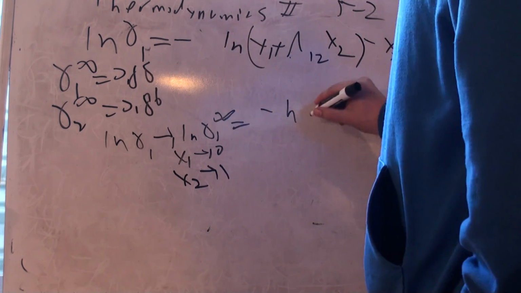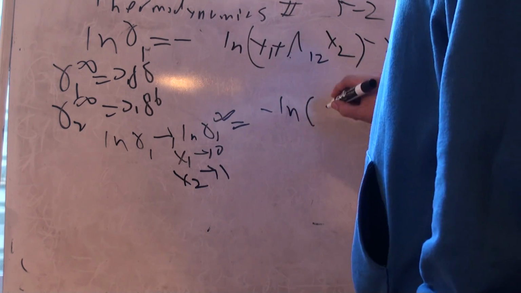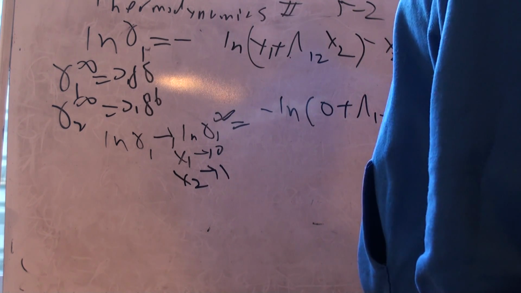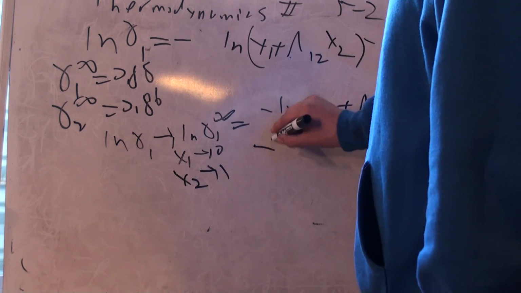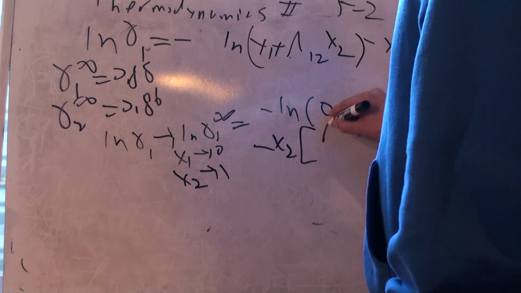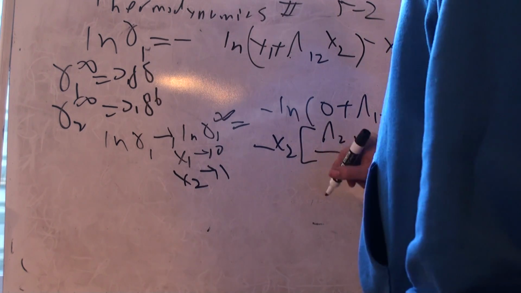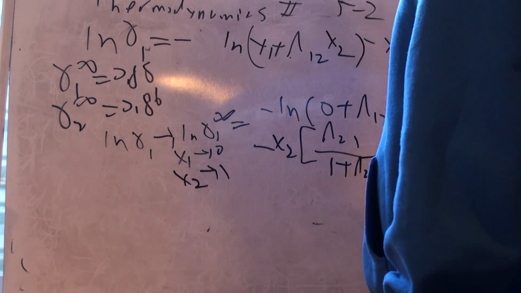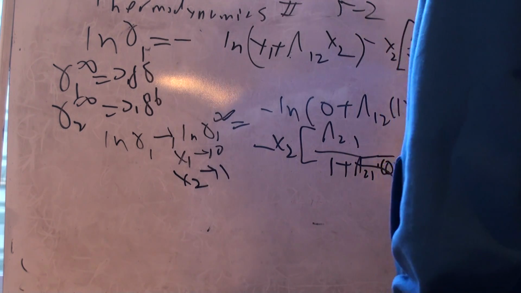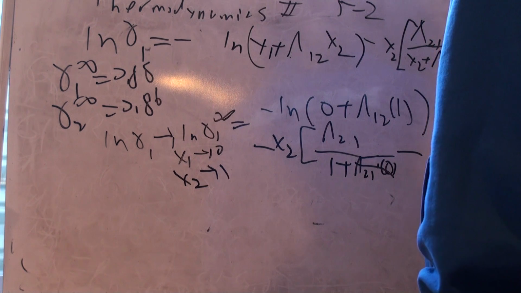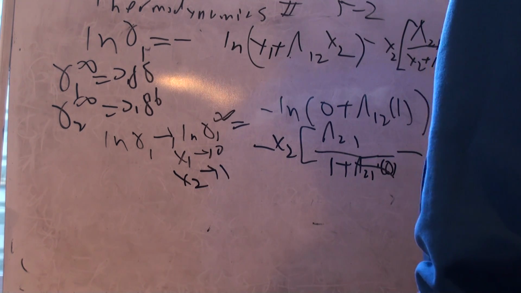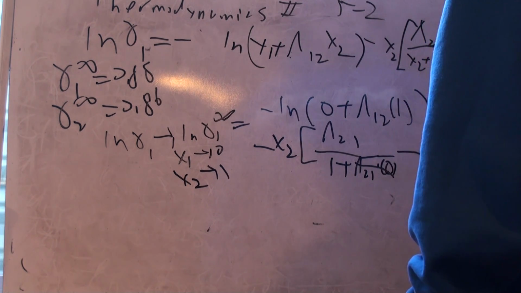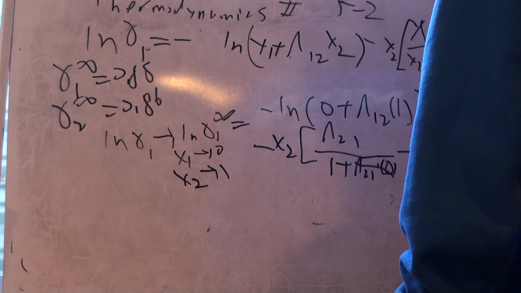So minus natural log of 0 plus lambda 1,2 times 1 minus x2 times lambda 2,1 all over 1 plus lambda 2,1 times 0 minus lambda 1,2 over 0 plus lambda 1,2 times 1.